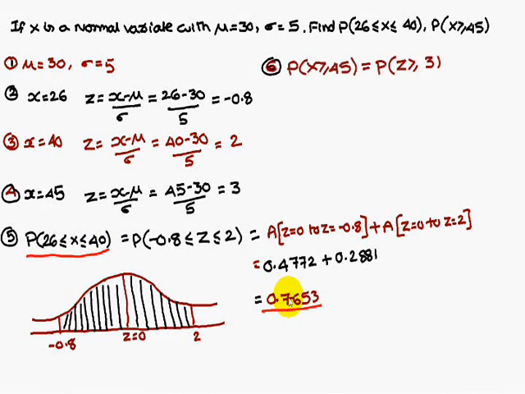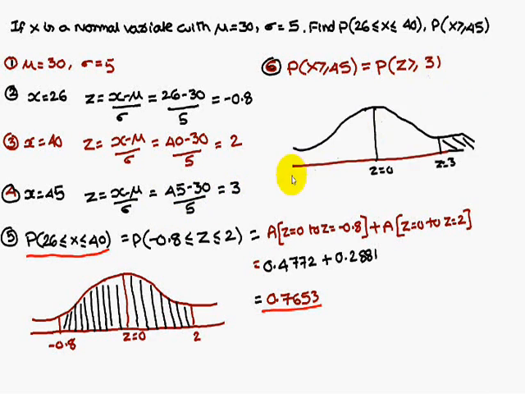Similarly, the probability of x ≥ 45: you convert the value in terms of z. In place of x, substitute z, so z ≥ 3. Now consider a bell shaped curve, place z = 3 on the right hand side. This is the area you have to find out.